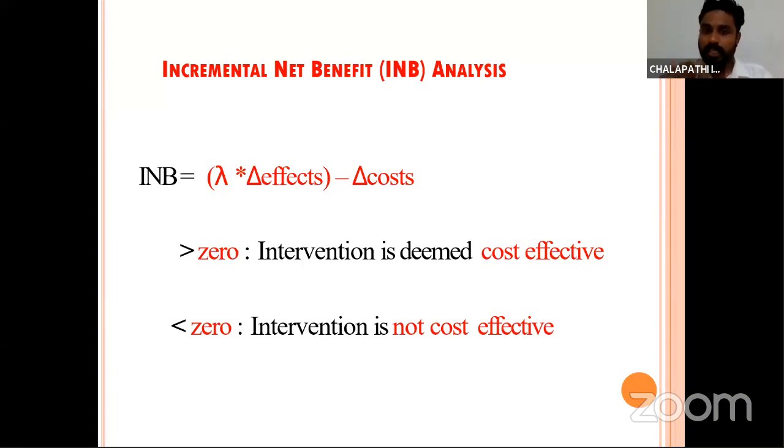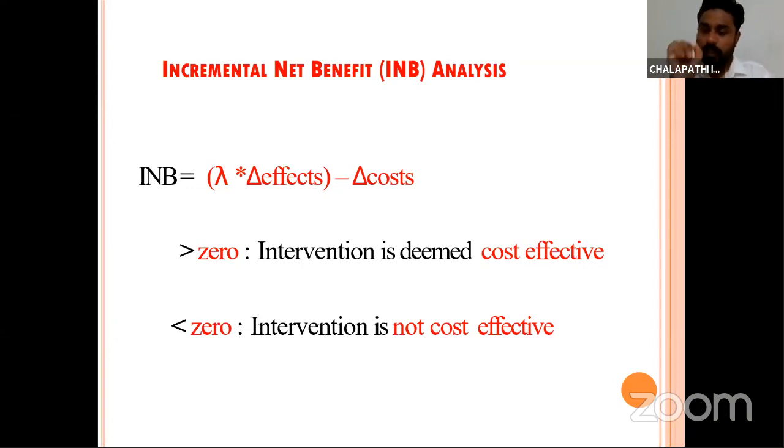If you multiply by that lambda, it will be in terms of money. Suppose lambda is 4,000 and your cost difference is 5,000. If you keep lambda 4,000 into effect of 1, it is 4,000. 4,000 minus 5,000, how much is it? Minus 1,000.